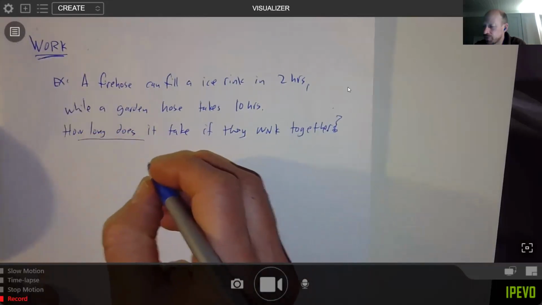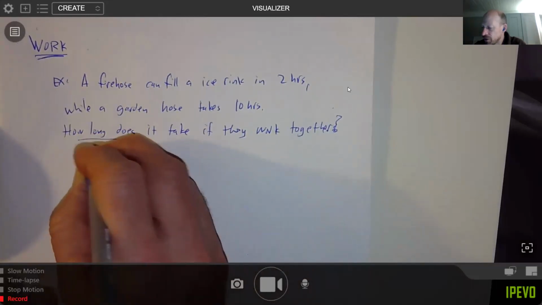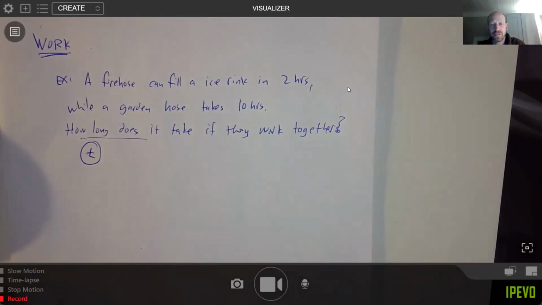However, we certainly have some tools to get started. So let's define how long it takes if they work together as T. We always are interested in our variable.